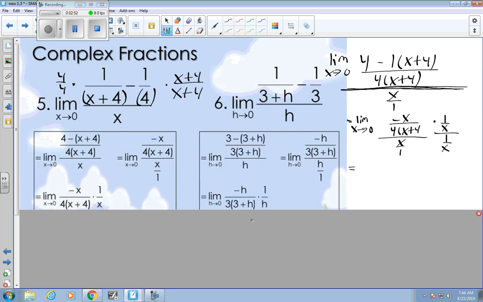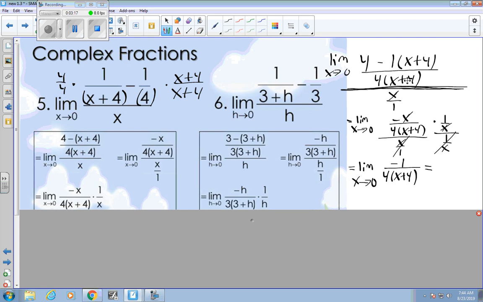So now I'm left with the limit as x approaches 0. So the denominator completely cancels. So the numerator, forgot parentheses there, the x's cancel now, and I'm just left with negative 1 over 4 times the quantity x plus 4.